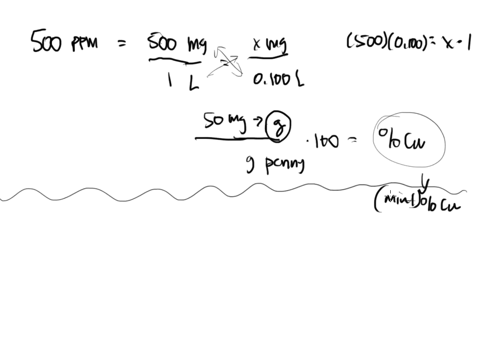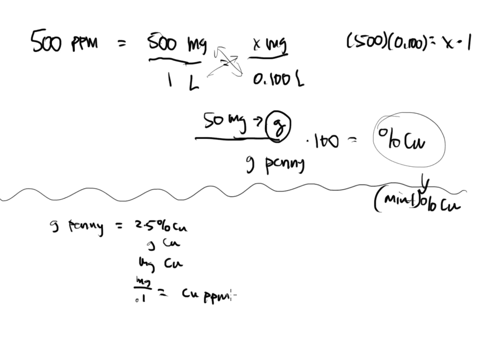The other way that we could do this is that we would assume that our starting grams for our penny would be prim and proper 2.5% copper. So we could calculate the grams of copper that are present, and then I could change this to milligrams of copper that are present, and then I could divide by 0.1 because that's the volumetric flask size that I used, and that will give me my copper parts per million.